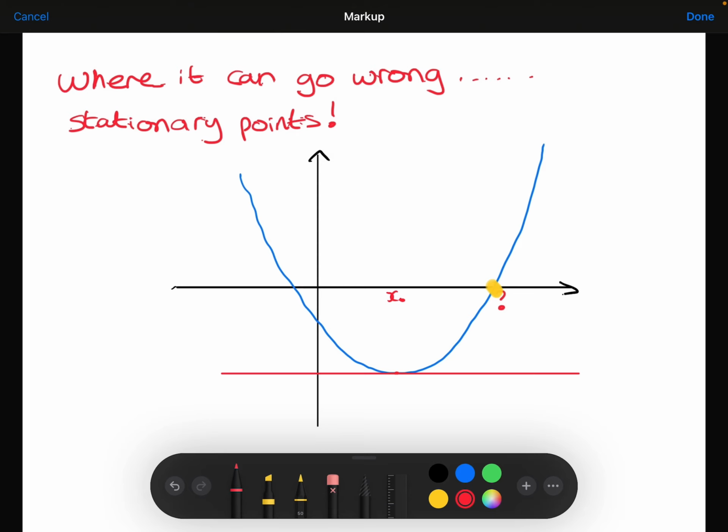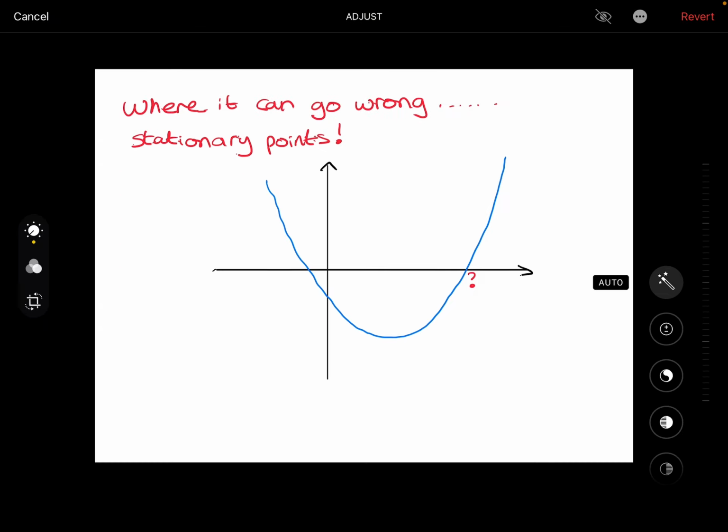But the problem is, because it's a stationary point, that tangent is parallel to the x-axis. It is never going to intersect on the x-axis. So therefore, I would never have a second approximation, and the Newton-Raphson method will fail. So that's something just to bear in mind, making sure that we pick our first approximations to be away from stationary points.